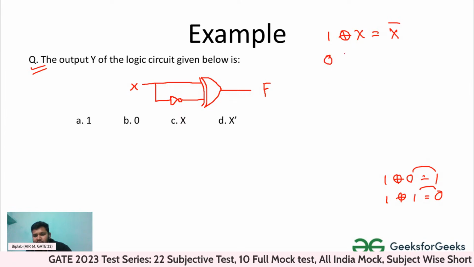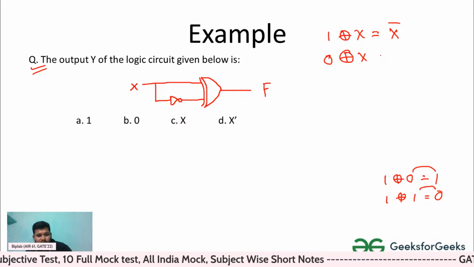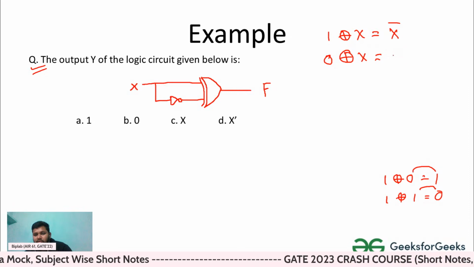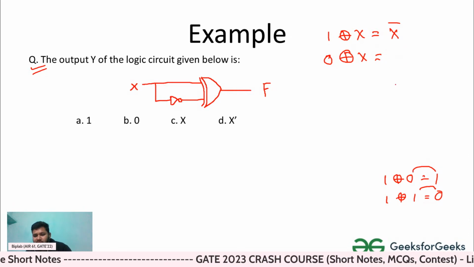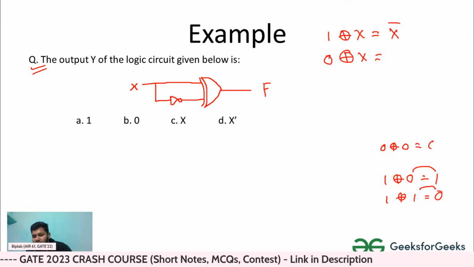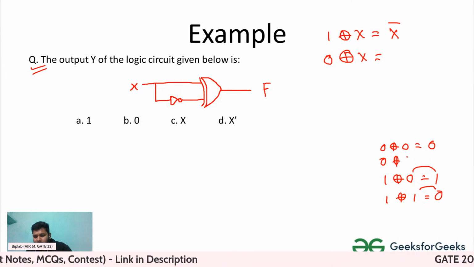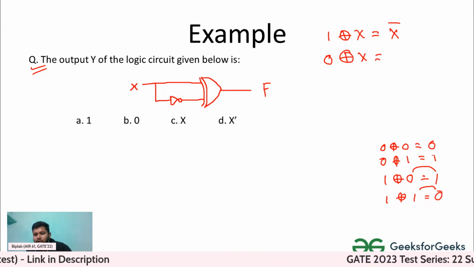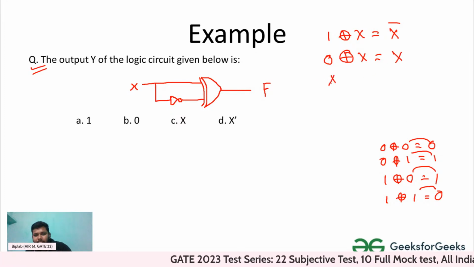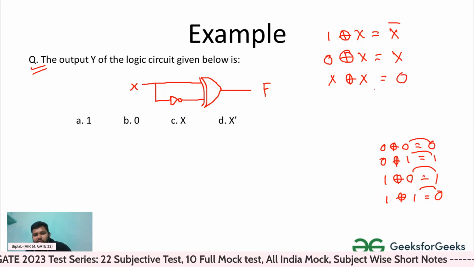So 0 XOR X, let us verify. 0 XOR 0 is equal to 0 and 0 XOR 1 is equal to 1, which is the same as X. Now X XOR X, if both are the same, your result is 0.